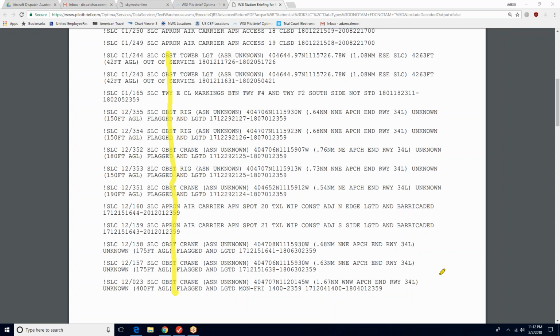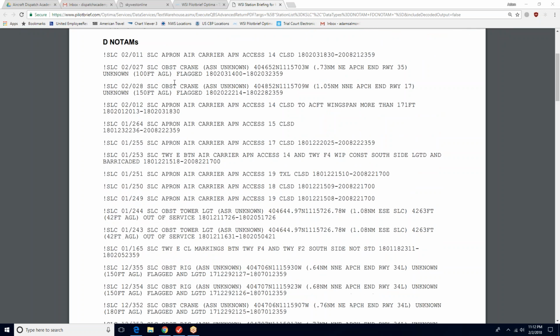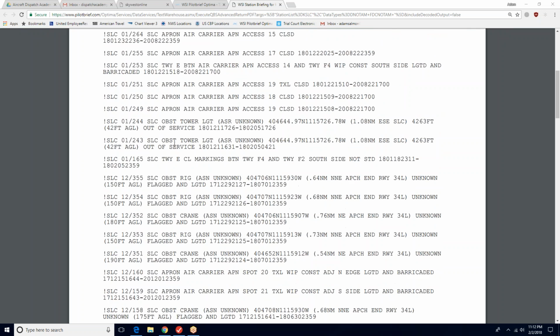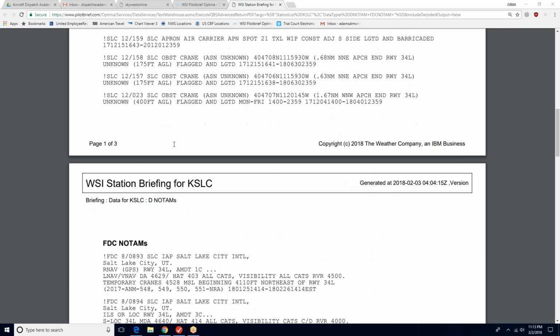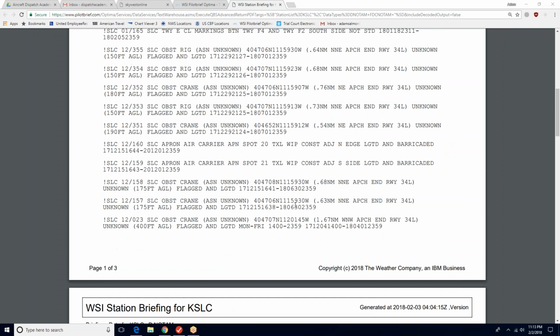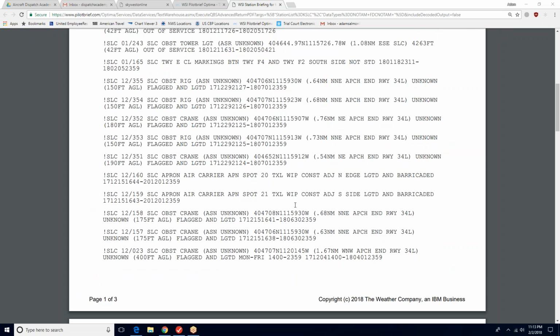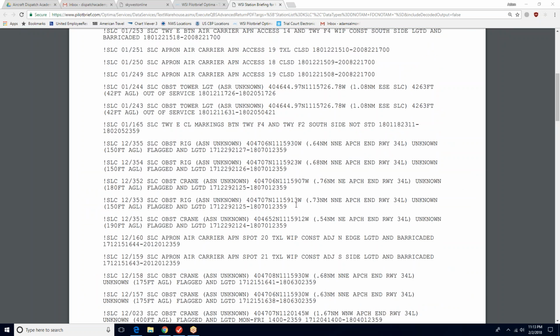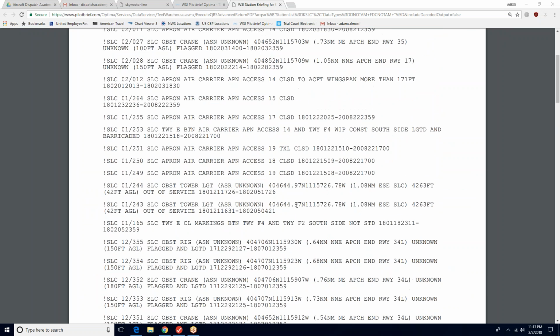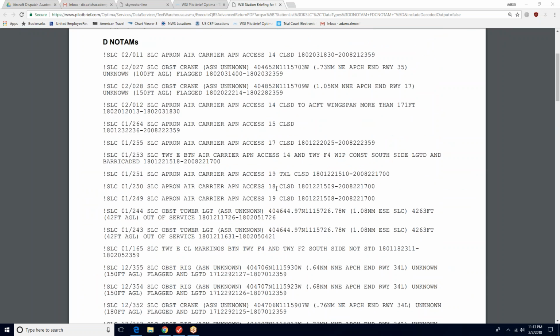As quickly as you're looking at these, you can scan up and down the page and see there's nothing I even need to read. And once again, these are the current NOTAMs. Currently, Salt Lake City has 0 NOTAMs that are pertinent for a dispatcher.